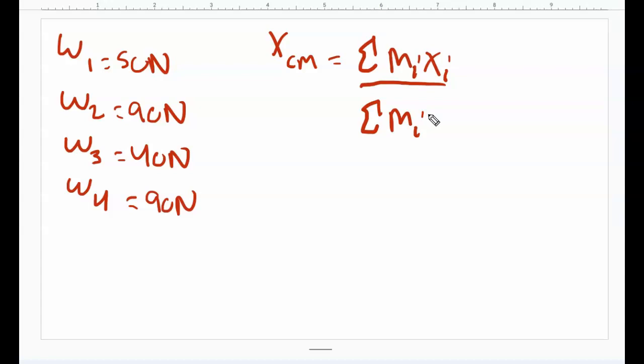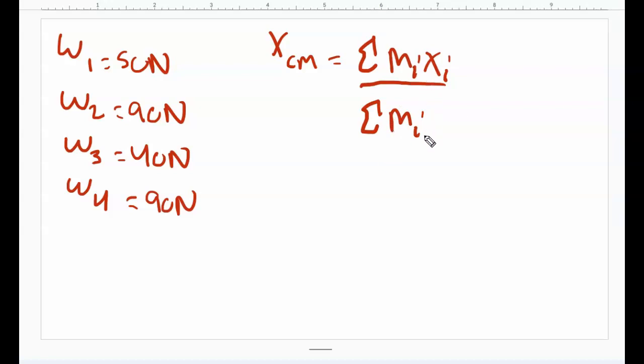And so even though, technically speaking, we should be doing this calculation with mass, we're still going to get the same answer if we use the force of gravity, because at the end of the day, the only difference between mass and weight is the mass is multiplied by 9.81 to get the weight, and the 9.81 would cancel out if we plugged it into the top and bottom of the equation.